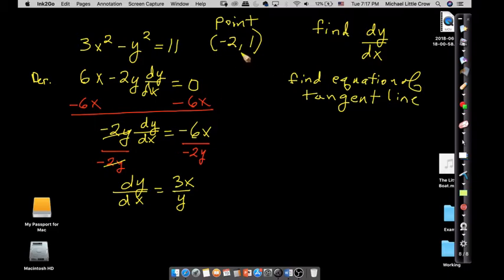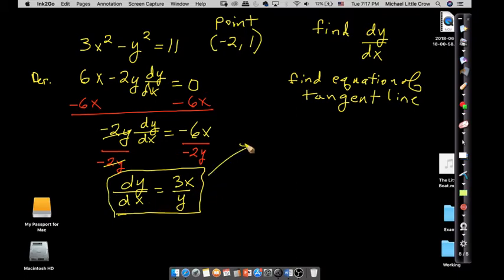So at this particular point, what we could do is plug in the x value for x, the y value for y, and that will give us the actual slope at that point. Okay, so let's do that. I don't know about special notation, but this will be one answer in the WebAssign homework, and there'll be a place to fill that in.